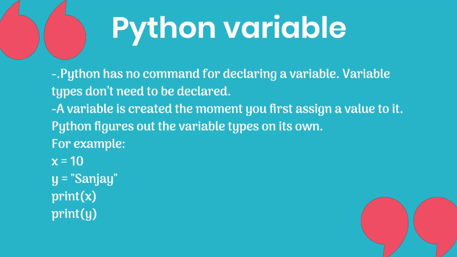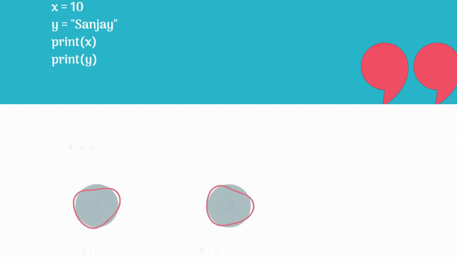For example, x is equal to 10 means it will be considered as an integer. If I had written x is equal to 10.5, then it will be considered as a float, right? And if I have given y is equal to Sanjay within quotes, that will be considered as a string, right? So the type of value you are storing in it, it will be considered like that.